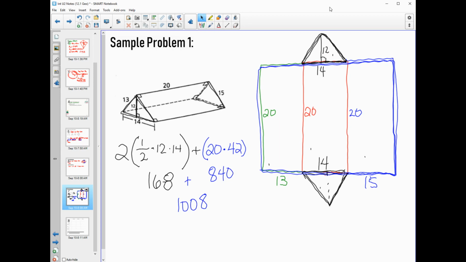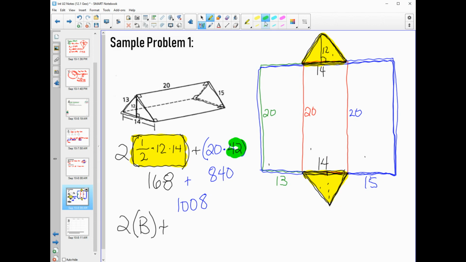What did I do here? This is the area of my two bases, and I will always have 2 of them because it's a prism. How about this 42?